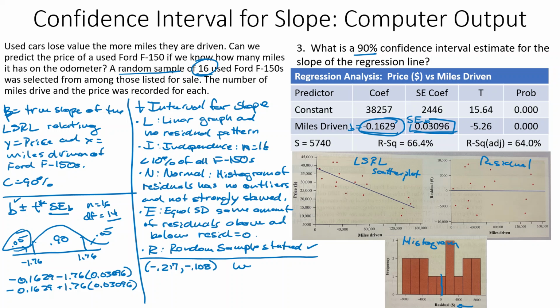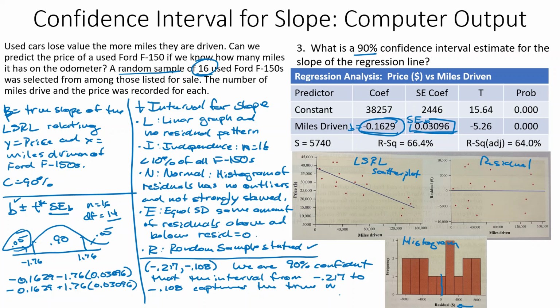All right, so we are 90% confident that the interval from negative 0.217 to negative 0.108 captures the true mean, or not mean, true slope.